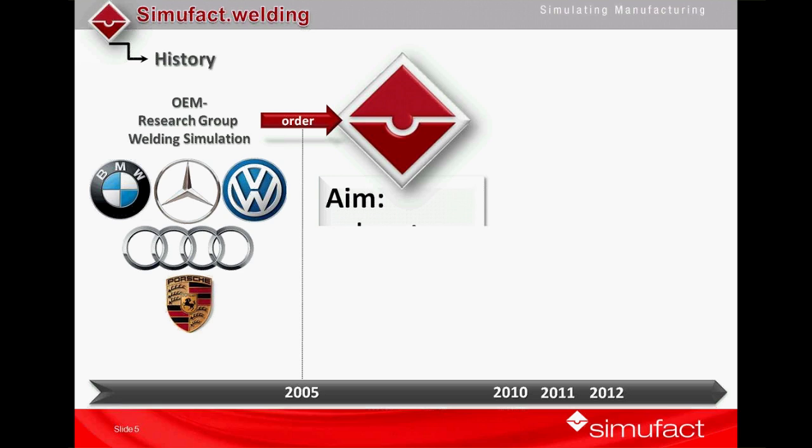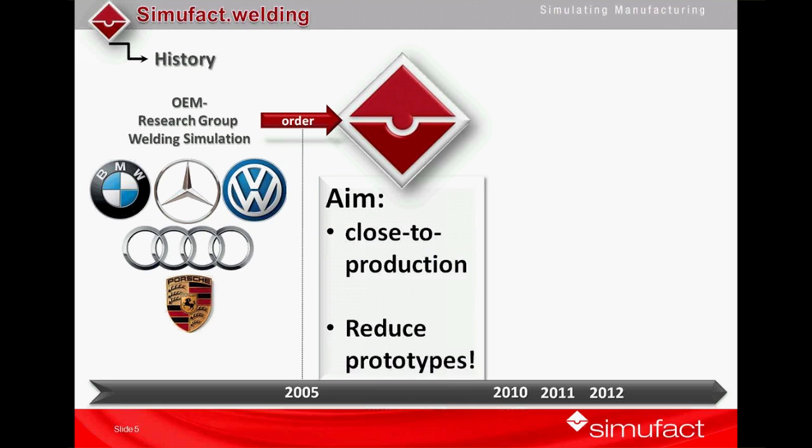So they knew our Simufact forming environment, and they realized that was a very good environment, and they ordered with us the creation of a similar environment for welding simulation.